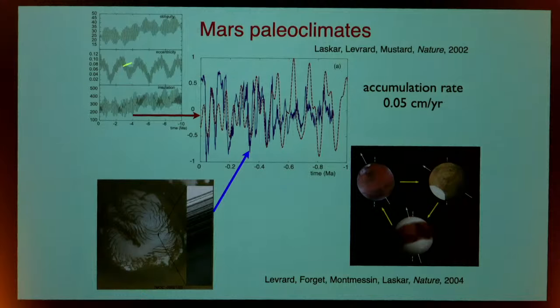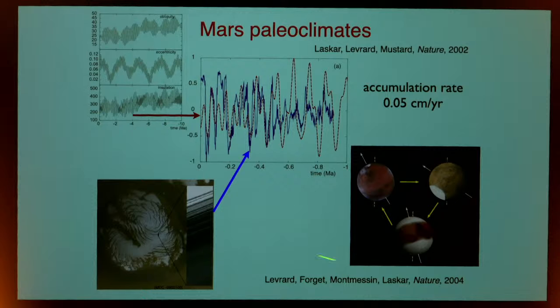We have big variations in eccentricity and big variations in obliquity, with a very strongly chaotic state. And this is how we tried nearly 25 years ago to recover the layering of the ice caps by trying to fit the dust deposition rate to the insolation curve on Mars.